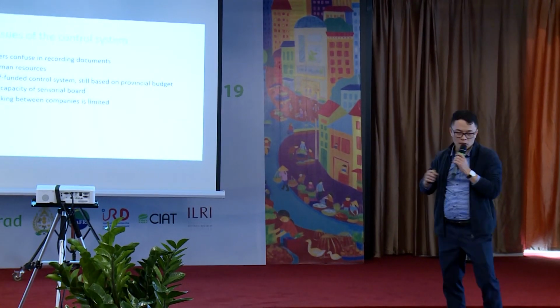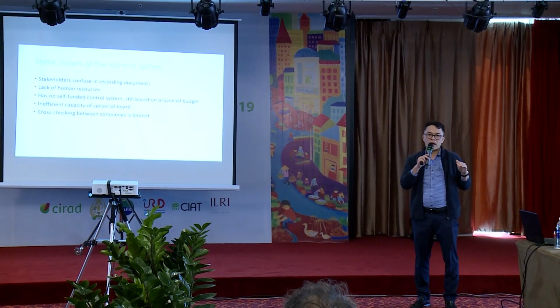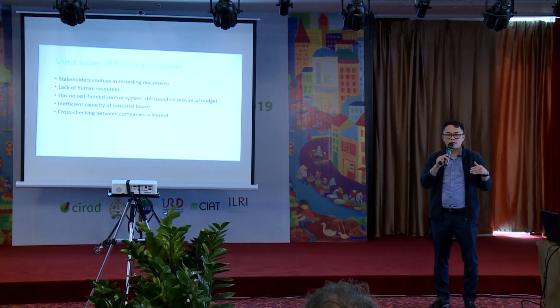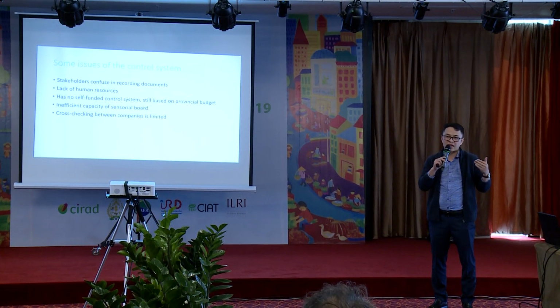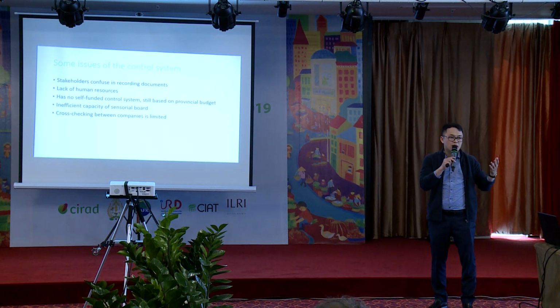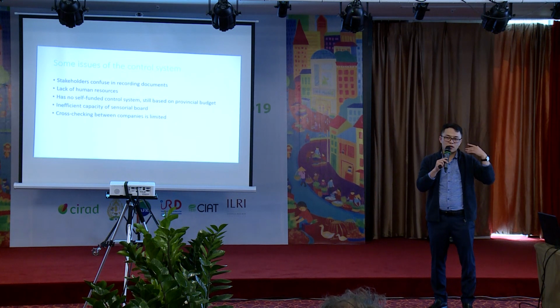You can see in the graph that in the control team, we try to combine one staff from the Department of Science and Technology, who can be considered as the external control, and the other members of the control team are experts. The experts can be in Hanoi or in other provinces, not necessarily in Bình Phước, but experts in GI, even from other provinces, can be invited to the control team because they have extensive knowledge and understanding about GI control.